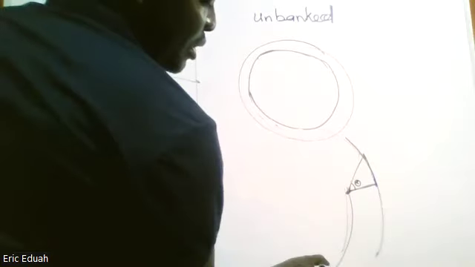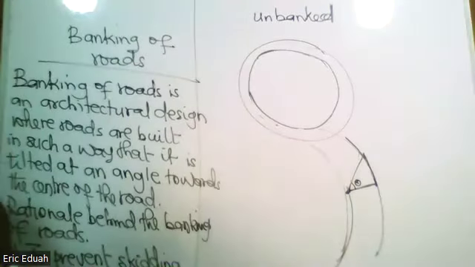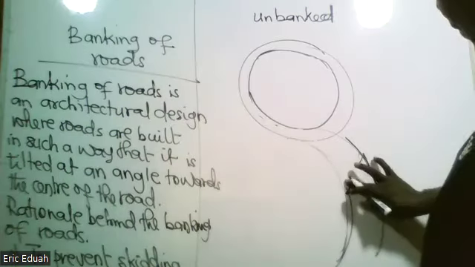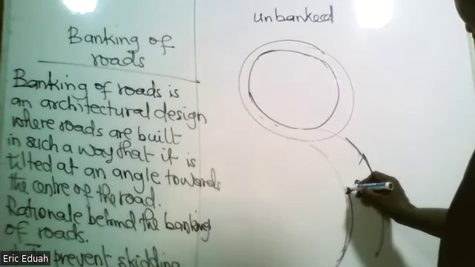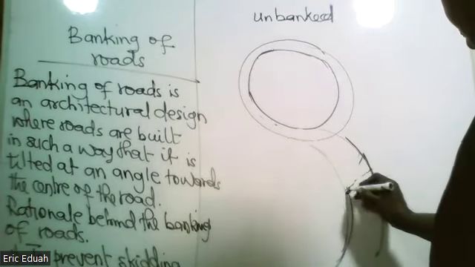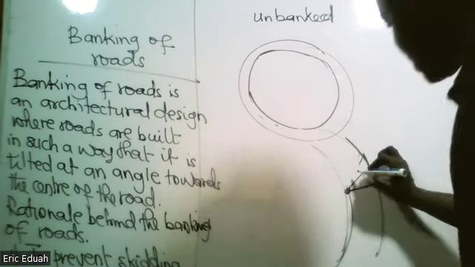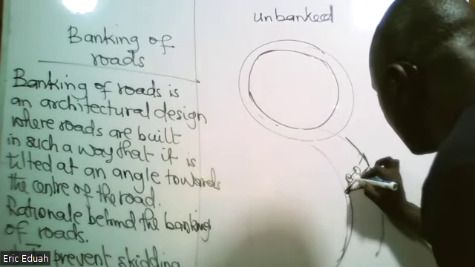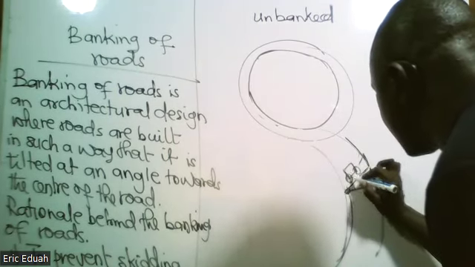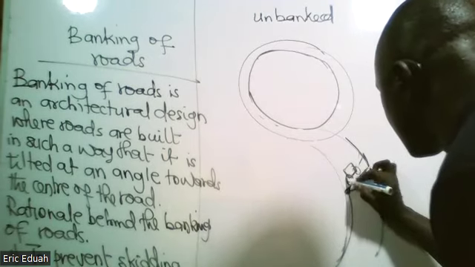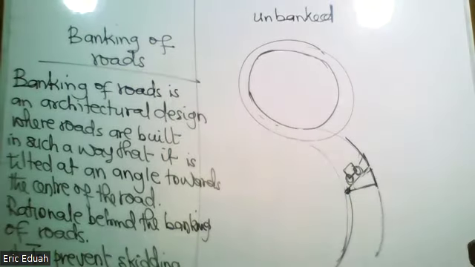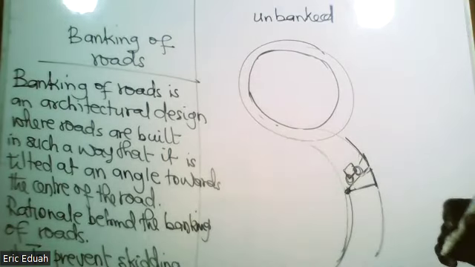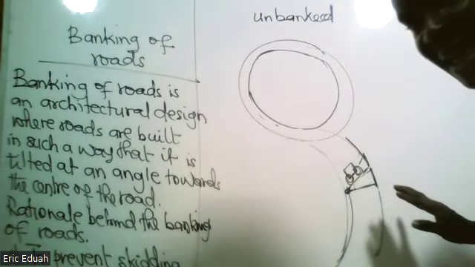Now, when drivers are moving on such a road, you realize that the banking angle is too much. When drivers move on such a road, the car also seems tilted. This is a car, and the car is tilted as if it moves along an inclined plane.